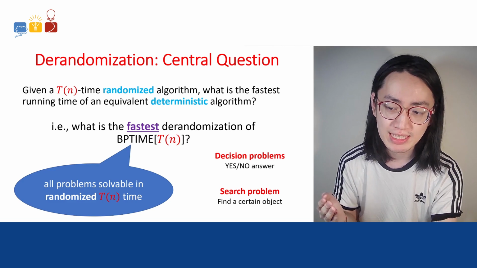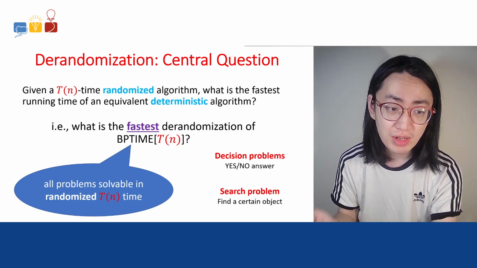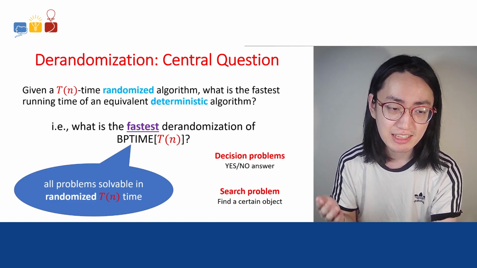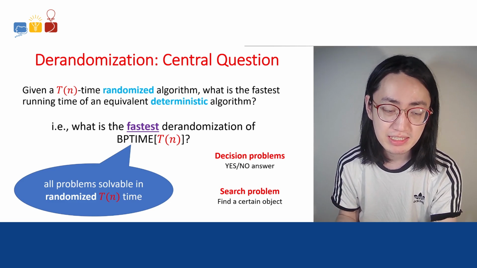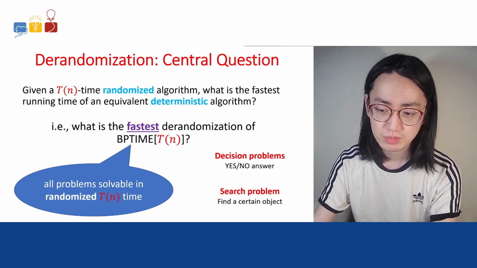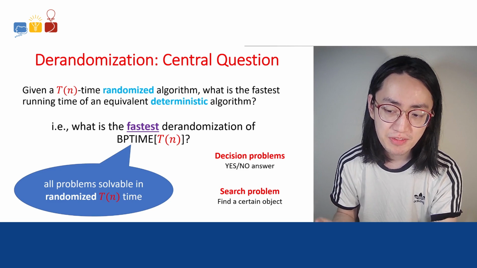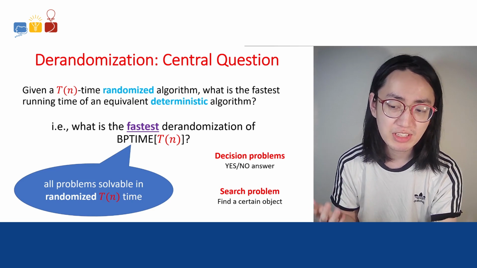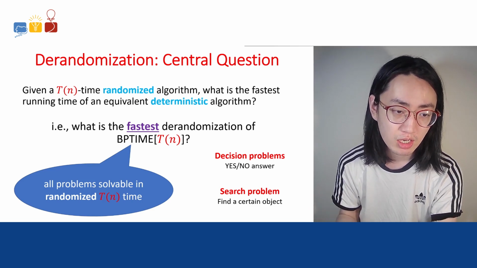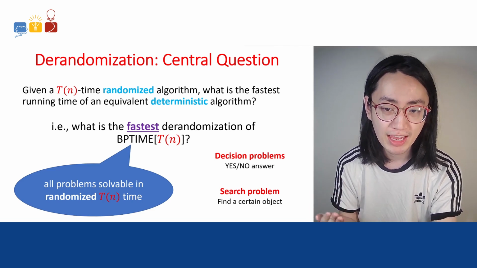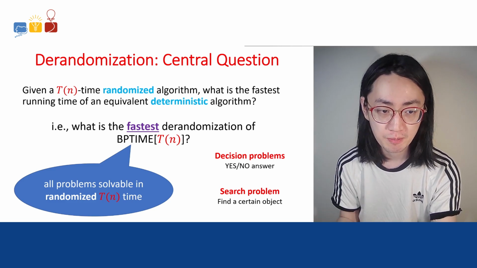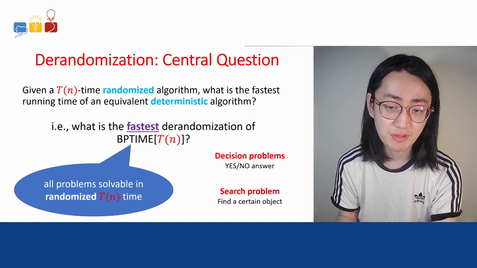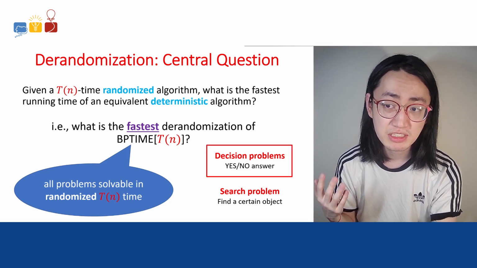Another example is that you are given a formula and you want to output a satisfying assignment. This is also a search problem. We'll mainly be focusing on derandomization of randomized algorithms solving search problems, but most of the results discussed in this talk will equally apply to derandomizing decision algorithms as well. But for simplicity, we'll just focus on talking about decision problems.